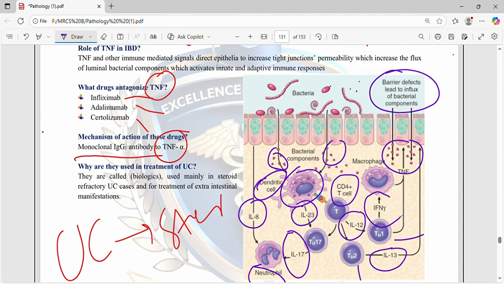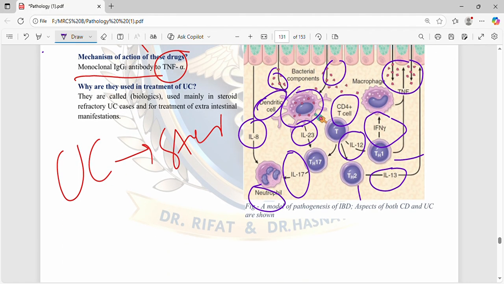So here we have this whole combination, this storm of interleukins, and this will cause inflammation. Here there will be repeated inflammation, and also the T helper 1 secretes interferon gamma. So this will lead to overall inflammation of the gut.